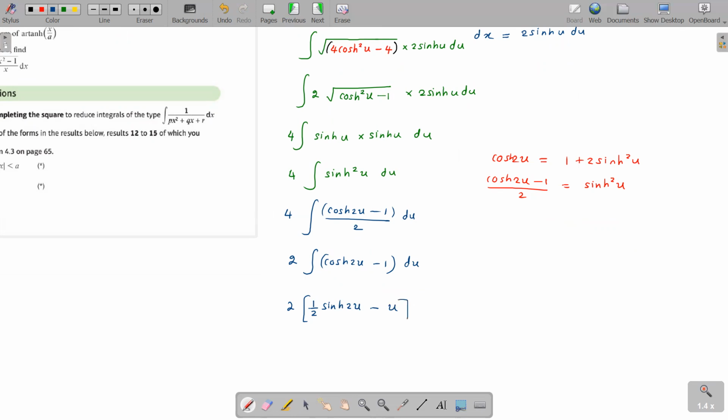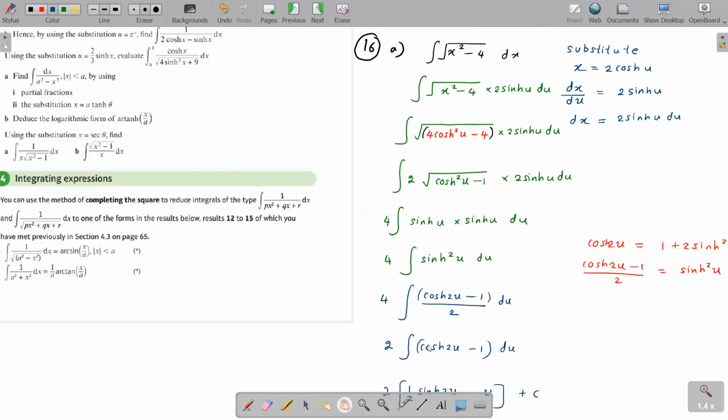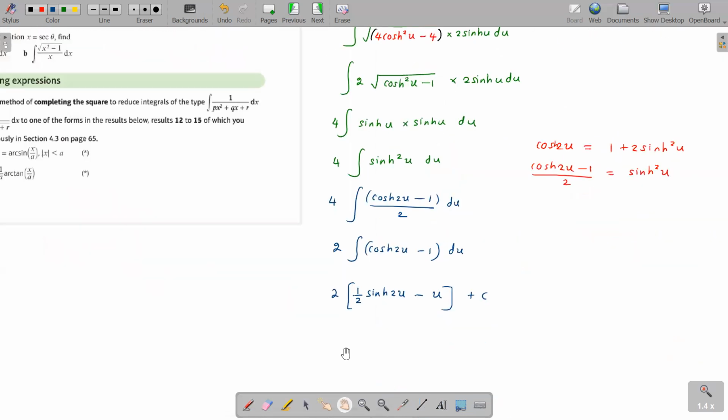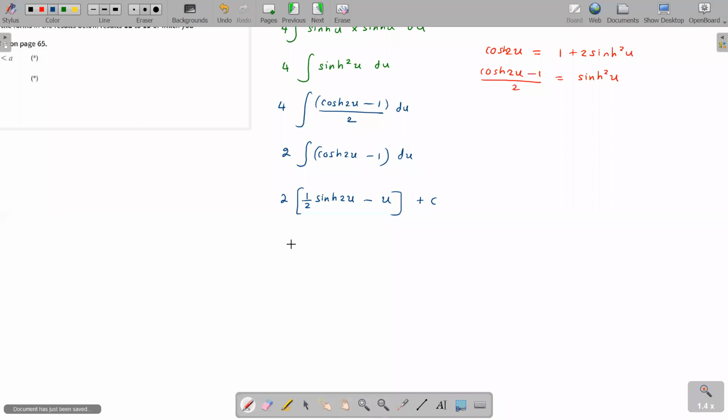So do we have any limits? No, right? Plus c. Okay, then let's multiply. 2 into half is 1 sine 2u minus 2u plus c.